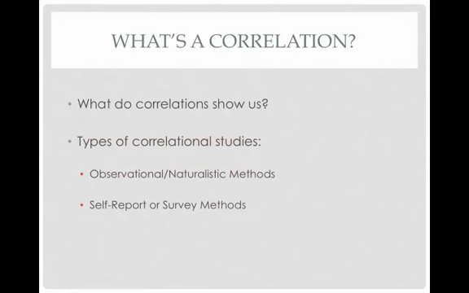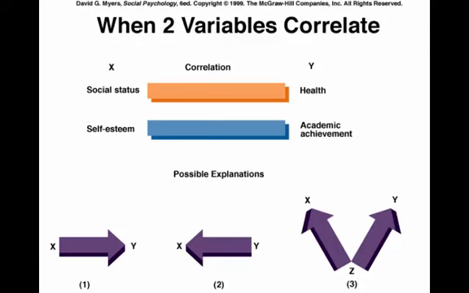Here's an example of what a correlation might look like. So when we're looking at social status and health or self-esteem and academic achievement, we might say, and we do find this in social psychology, that the higher a person's social status or socioeconomic status is, like class, the greater their health tends to be.